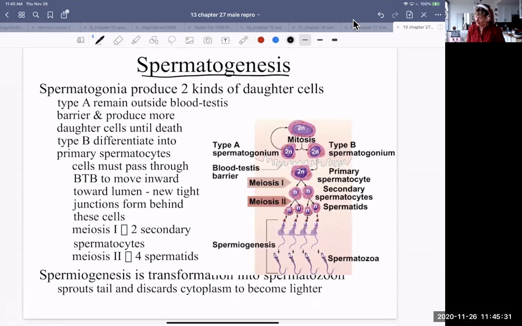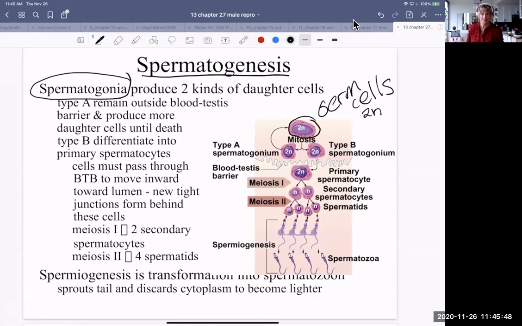The germ cells are called spermatogonia. They are diploid, 2N, so they have all the chromosomes, both sets. Then they go through mitosis, making copies only.